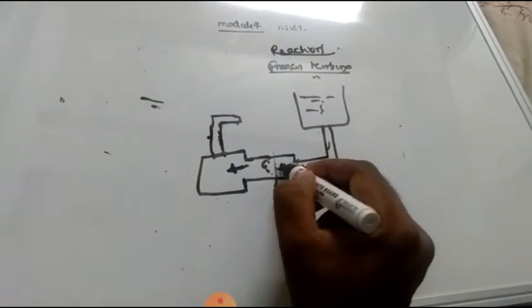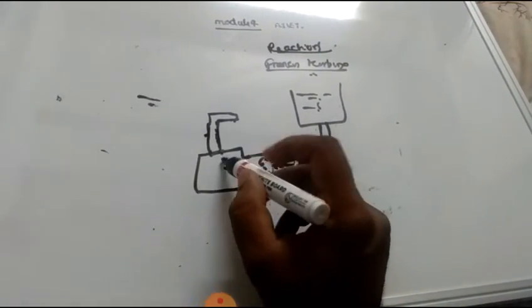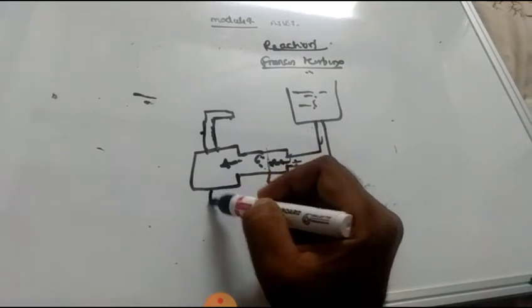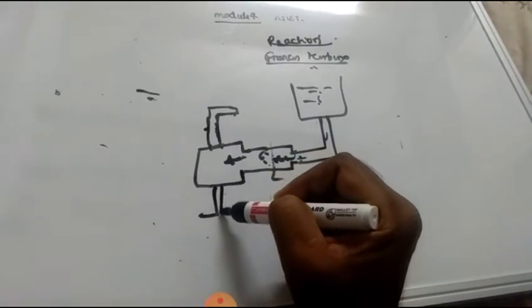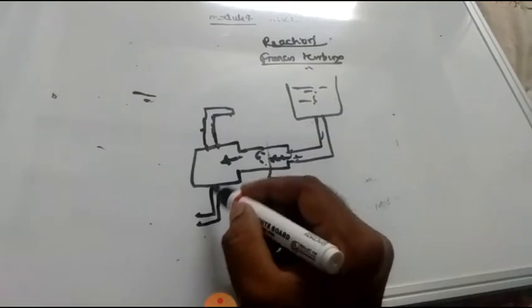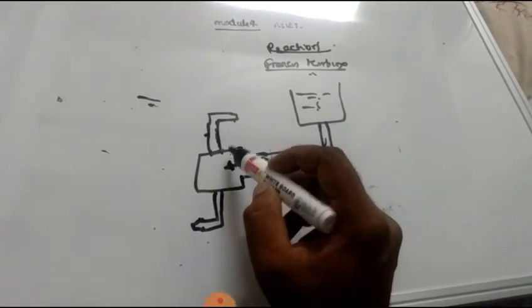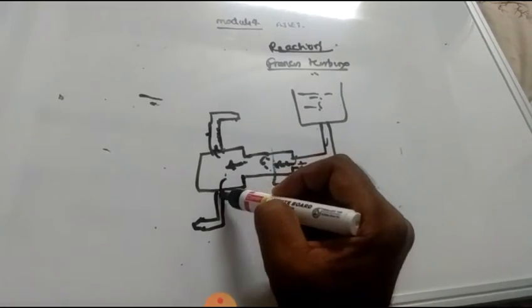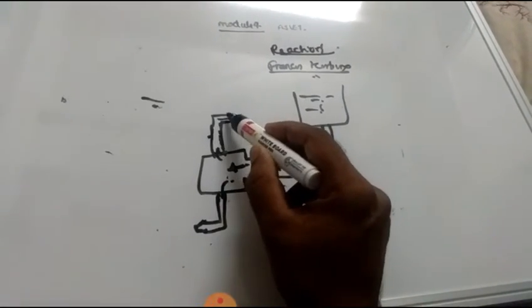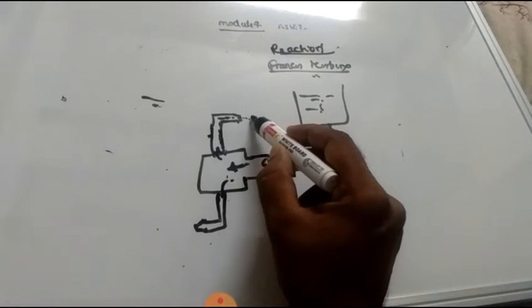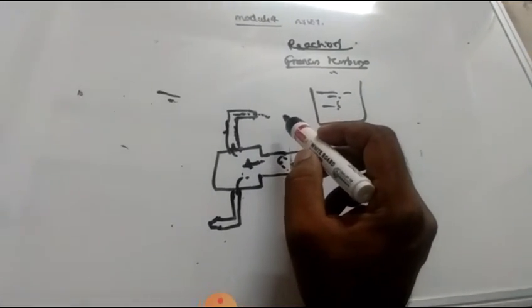The pressure energy is converted to kinetic energy, and the water flows out at atmospheric pressure. In this direction also there is flow. The pipe is connected, the nozzle is connected, also in the reverse direction. When water enters here, it goes into those two pipes, and after that comes out from the nozzle.